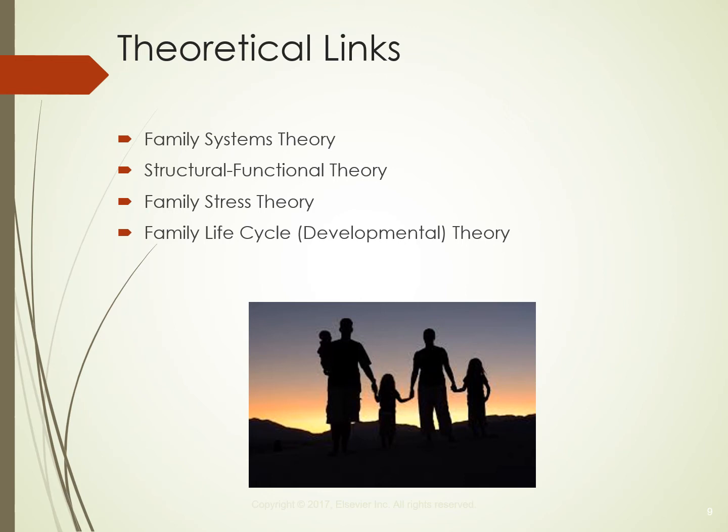Number three will be that the change in one family member affects all family members. Number four is the fact that the family is able to create a balance between change and stability. And the last characteristic will be the fact that the family members' behaviors are best understood from a view of circular rather than linear causality.